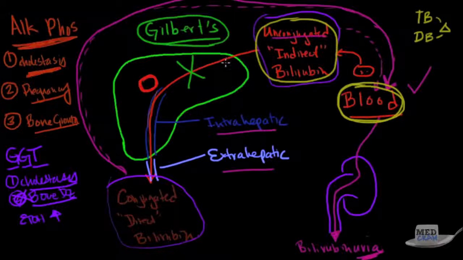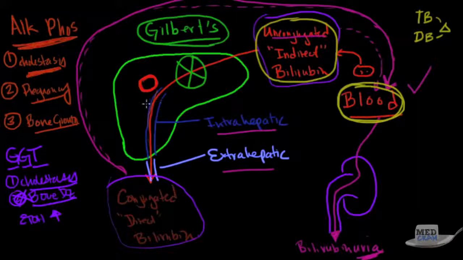You would see an increase in the total bilirubin up to about 3.0 milligrams per deciliter. This is a result of decreased expression of the enzyme glucuronyl transferase, which is the important step in the conversion of indirect bilirubin to direct bilirubin.